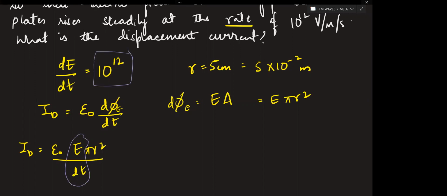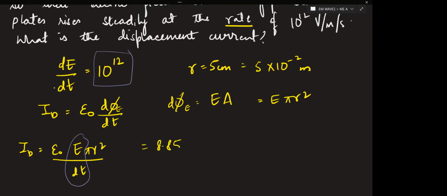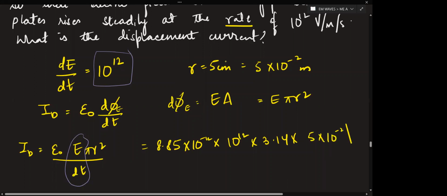So we have sufficient data. Epsilon naught is 8.85 into 10 to the power minus 12. dE over dt is 10 to the power 12. Pi is 3.14. Radius is 5 into 10 to the power minus 2, whole square.